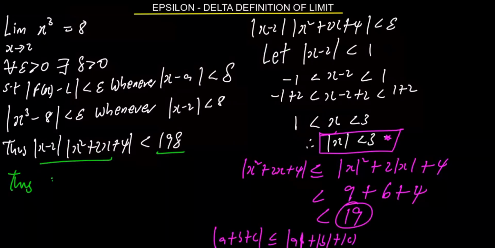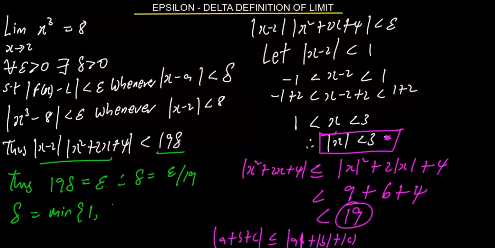So therefore, I'll say my 19 delta is equal to epsilon. So therefore, my delta is equal to epsilon over 19. So delta will be equal to the minimum of 1 comma epsilon over 19. And this gives me the proof. So it means that it is correct.